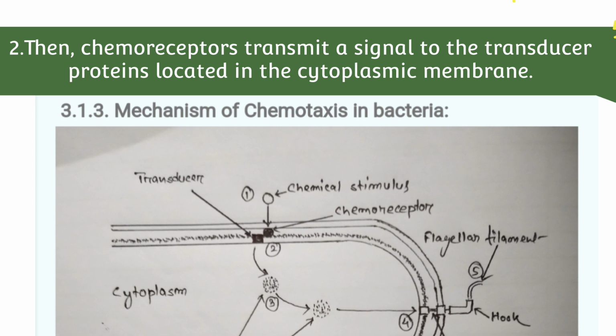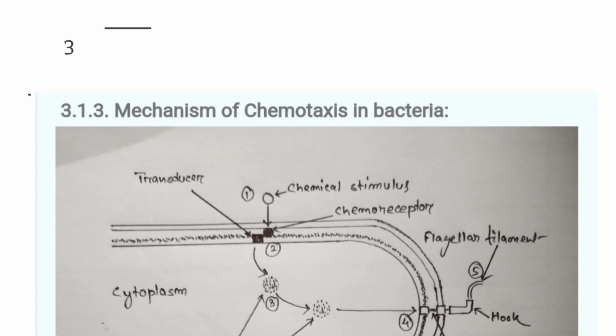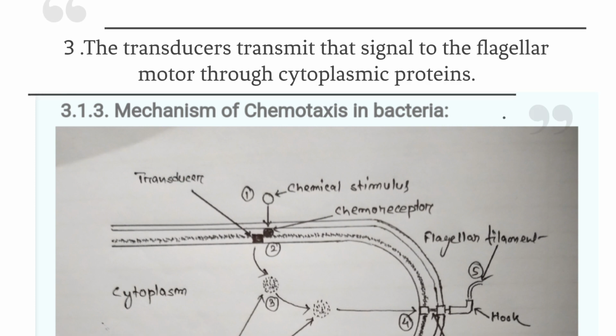In the next phase, the transducers transmit that signal to the flagellar motor through small cytoplasmic proteins. At least 2 cytoplasmic proteins appear to be involved.